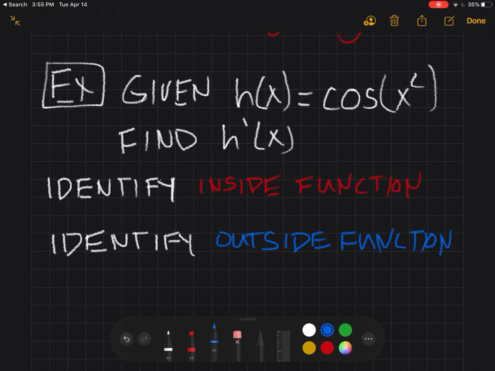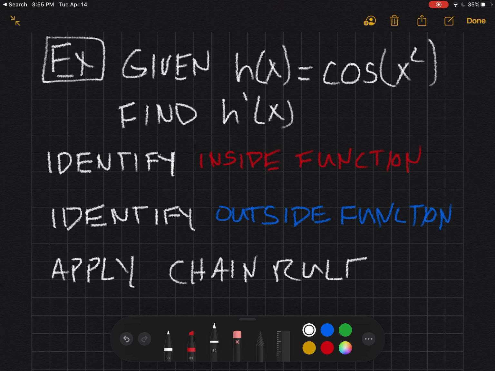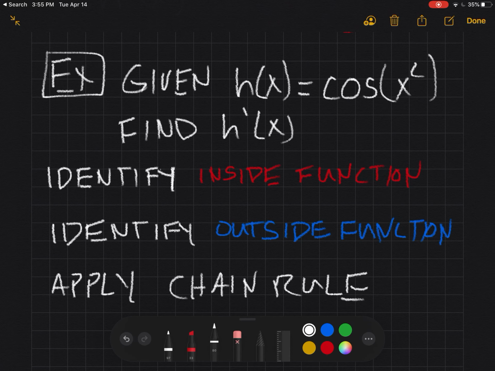Then our second step would be to identify the outside function. And then our third step is to apply the chain rule. A pro tip for these is that when you see a trig function like cosine, that's almost always going to be your outside function.